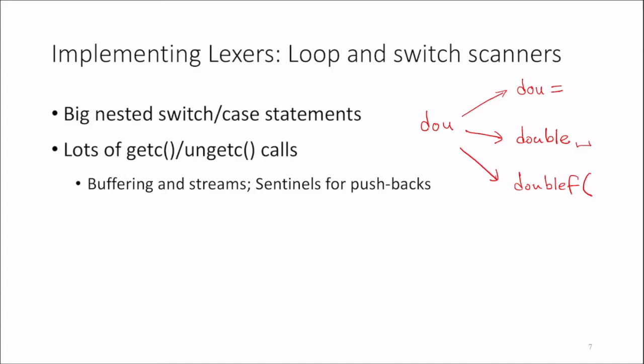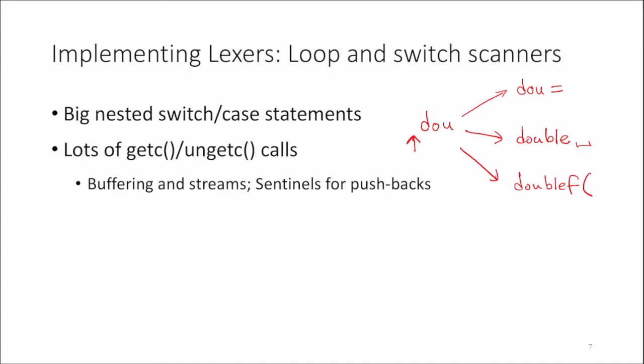In order to do this efficiently, because there's backtracking involved, you need to implement buffering. If you're streaming from some kind of stream where you can't really just ungetC easily, you need to implement some kind of buffering. And a sentinel is just a way to say, I'm going to start recording a new token from this character position.